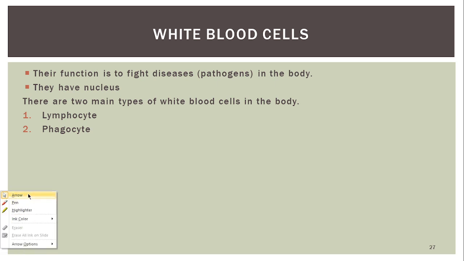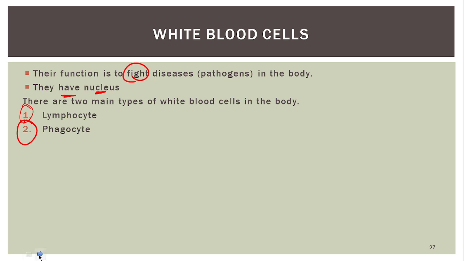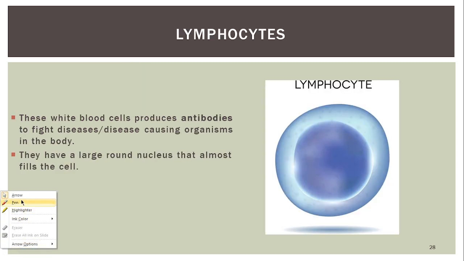And then we have white blood cells. Their function is to fight diseases in the body. They do have a nucleus. They are of two types: lymphocytes and phagocytes. Lymphocytes fight antigens or pathogens by producing antibodies, which fight the diseases, and they have a large round nucleus that almost fills the cell.